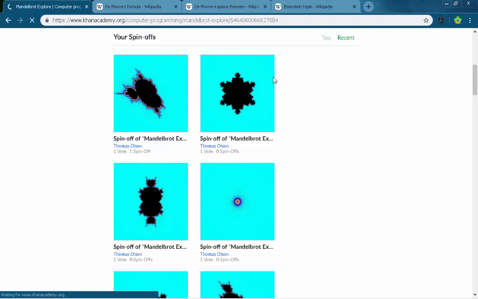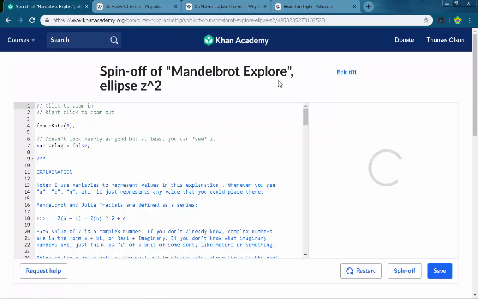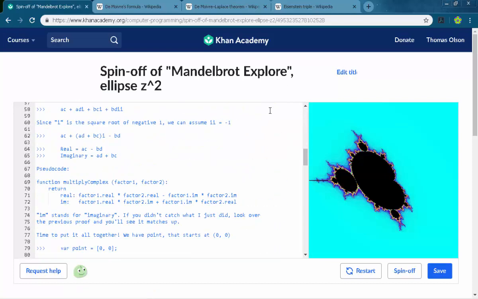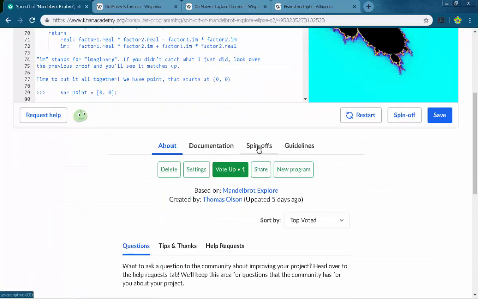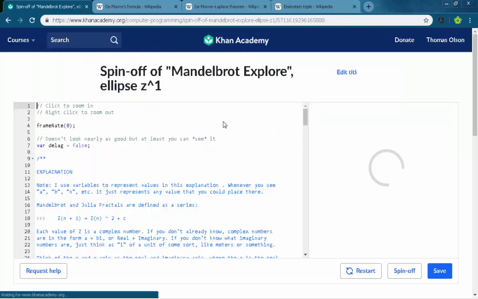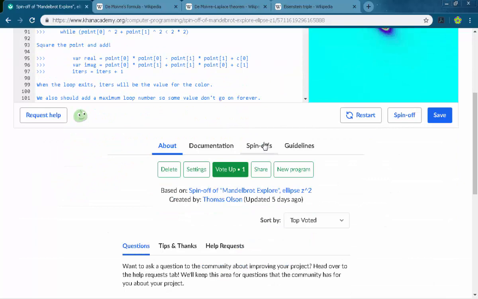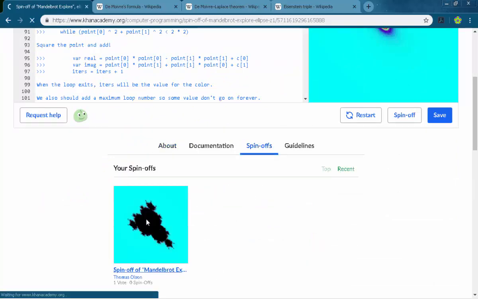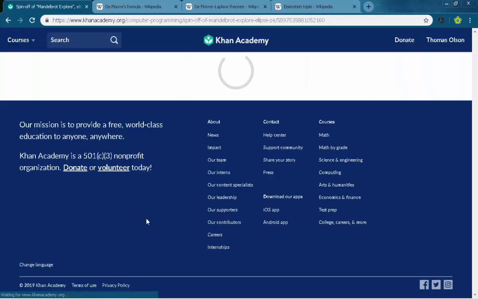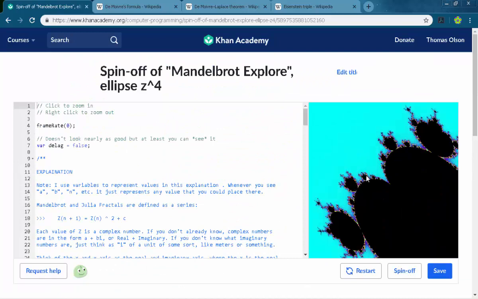There's Z2. This is Z2 on the Mandelbrot. And I have Z1 right here. Again, I just clicked on that just so I can get to the next one. I think this was Z4. Yep, Z4. And it's skewed just like the other ones.